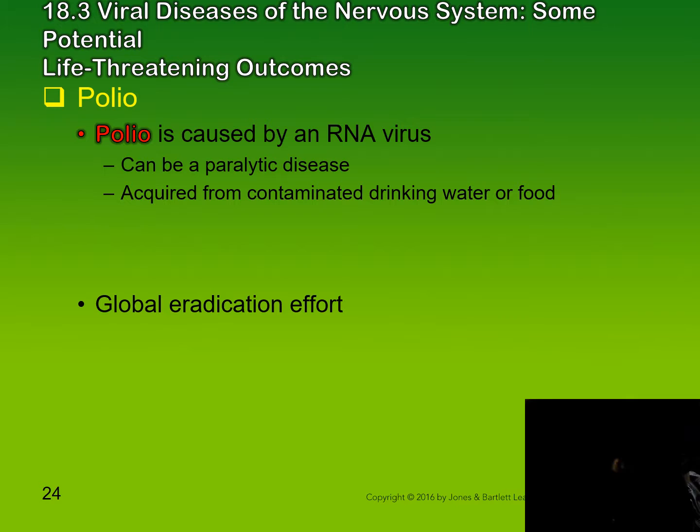You can get it from contaminated drinking water or foods, and you might have seen old photos of drinking fountains being off limits because someone around the area had gotten polio, and to reduce the spread, they would just shut off public water fountains.